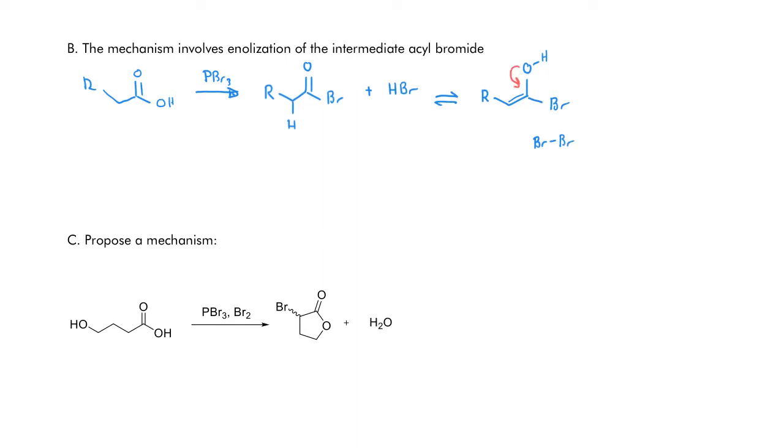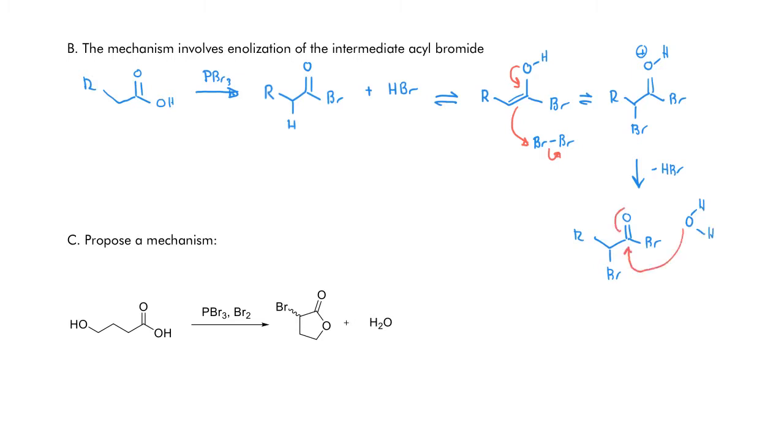That nucleophilic enol is what attacks the bromine and alpha brominates. It's here where the water that's added in the second step attacks the carbonyl carbon in a nucleophilic acyl substitution reaction, displacing the bromide and forming the carboxylic acid. Now, this is known as the Hell-Volhard-Zelinsky reaction.